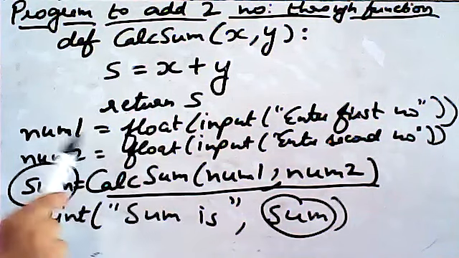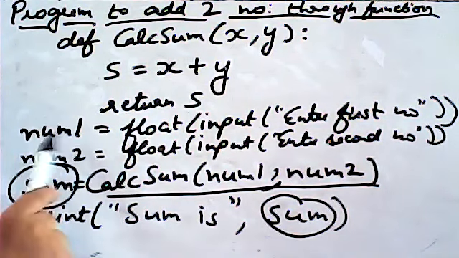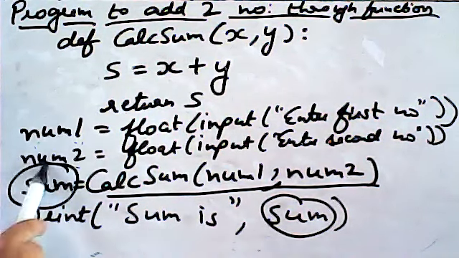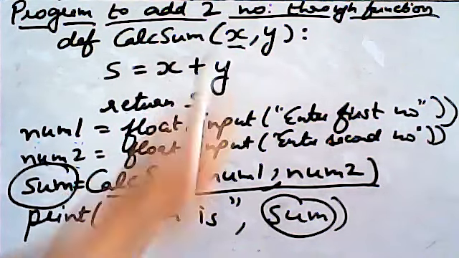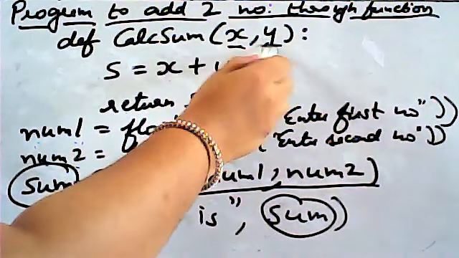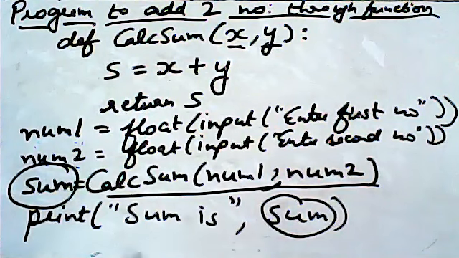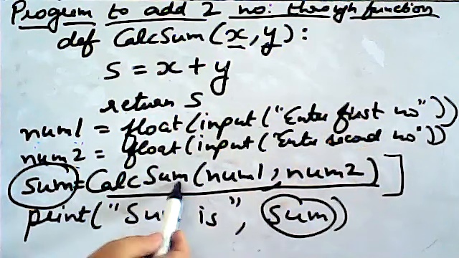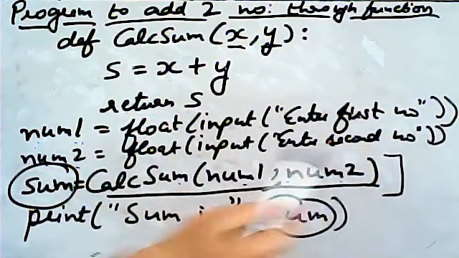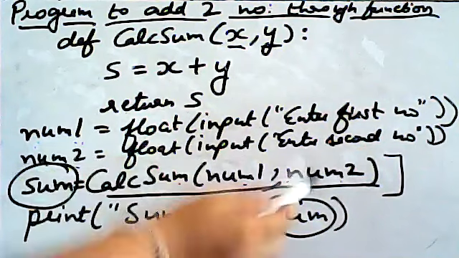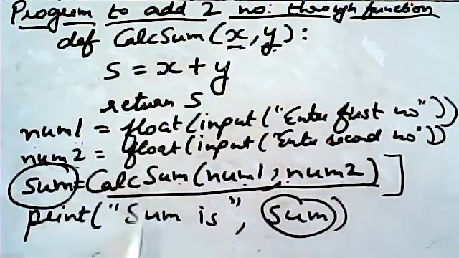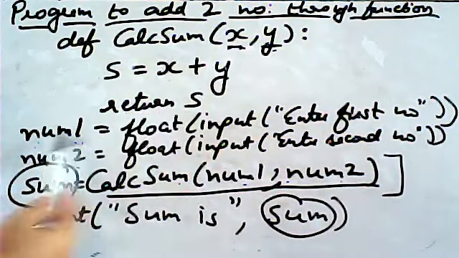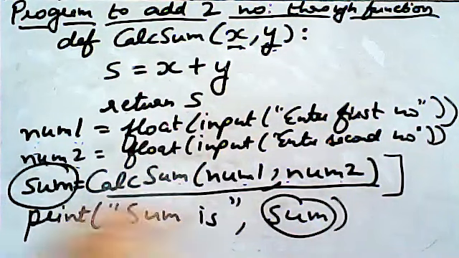Now I have to take two values from the user. I put them into num1 and num2. So this x value is num1, this y value is num2. Then I make a function call here: sum of num1 comma num2. Why do I take num1 and num2? Because here there are two arguments x and y, and x is in num1, y is in num2.